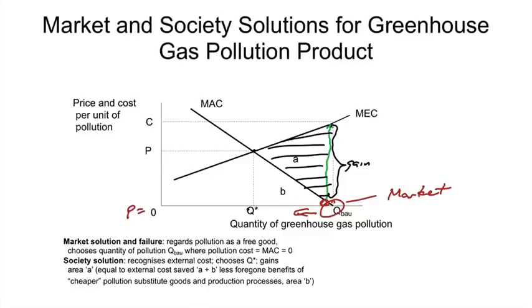I'm having to walk to work more often, or choosing to carpool with my neighbour who I really don't like listening to. So these are the costs. So we actually have some losers, and these are the area B. And so while there's a net gain to society of reducing pollution from quantity business as usual to Q star, there also are some losers and some costs. And that, of course, is the real political challenge.